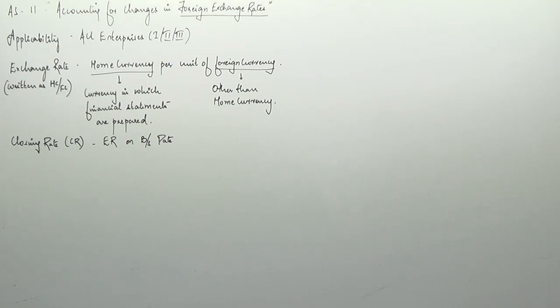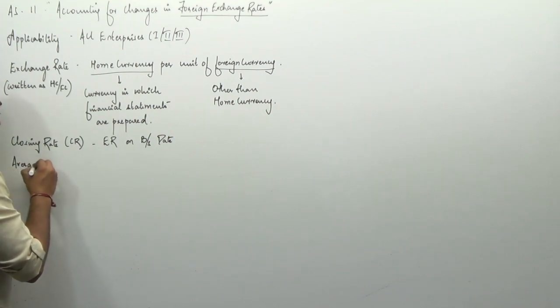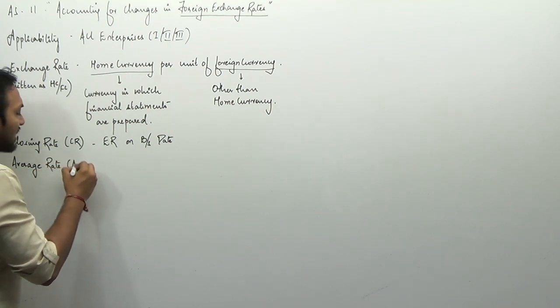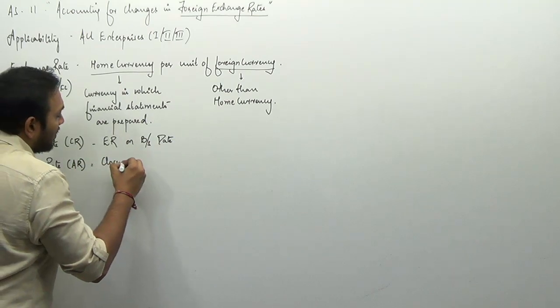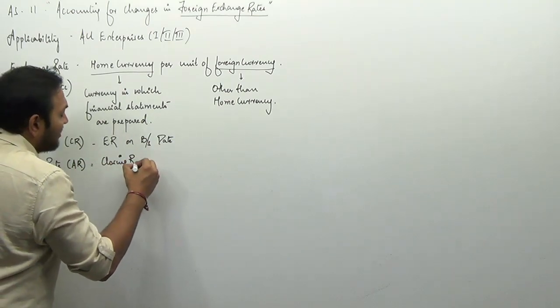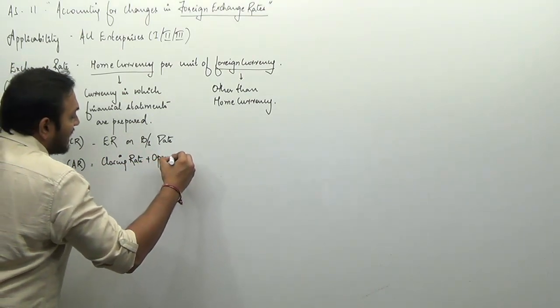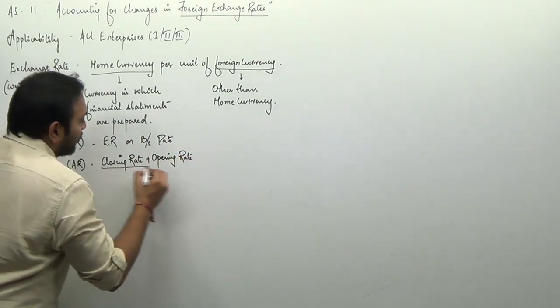Exchange rate on balance sheet date is called closing rate. And an average rate, that is AR, can be denoted as a simple average of closing rate and opening rate. So it can be written as closing rate plus opening rate divided by 2.